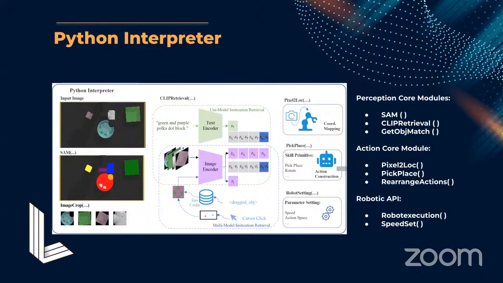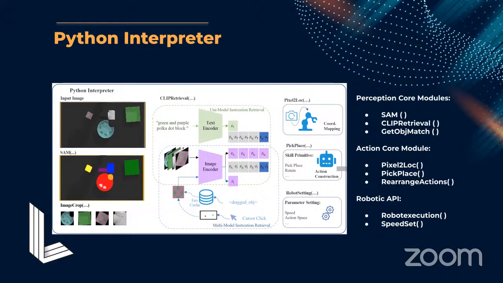Now we have seen in the previous slide that Instruct2Act is a language-based robotic system that generates perception-to-action code using an LLM. All the task-related variables, including image crops used in the task instruction and image-robot coordinate transformations, are stored in the cache, which we call cache C, and they can all be accessed through an API.